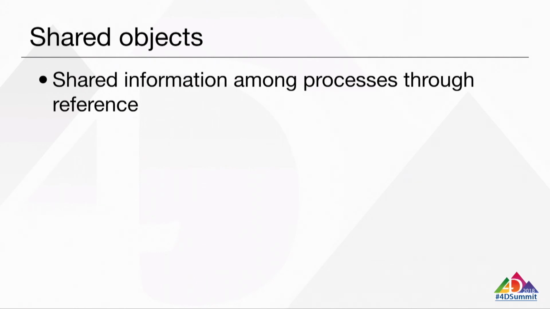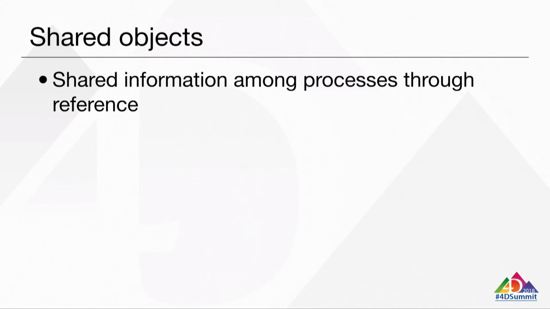The second process dying doesn't mean that you create a memory leak. Internally, 4D actually has a counter. Every time you create a shared object, that counts as one. When you pass it to another process, that counts as two. If one of the processes is terminated, the count is deducted by one.